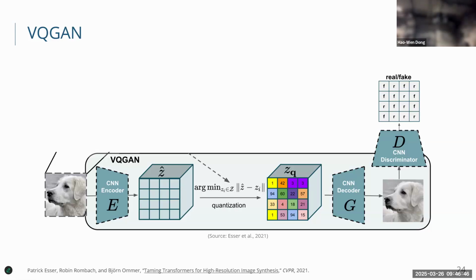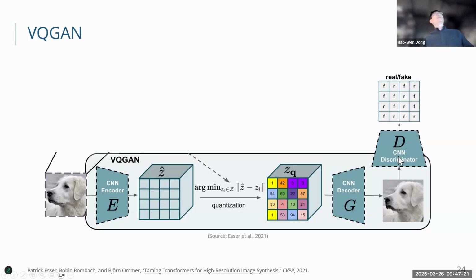It's not looking at the whole image and saying whether this is real or not, but rather looking at each single tiny patch. In this case, it's like 16 patches. So look at each single patch: is there weird stuff going on? This discriminator's goal is not to detect whether the whole image is real, but whether each single patch looks like an image. So that's the core idea.